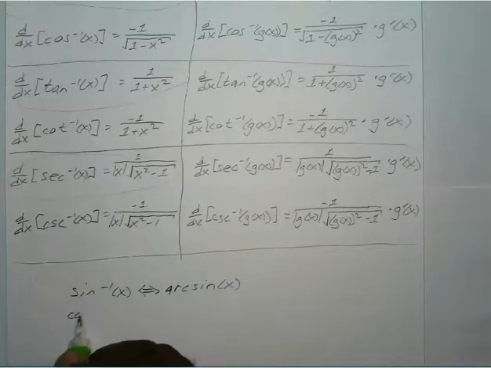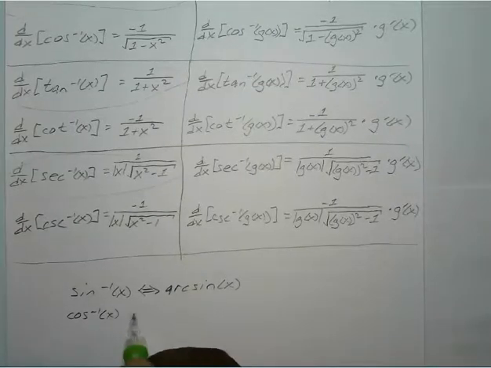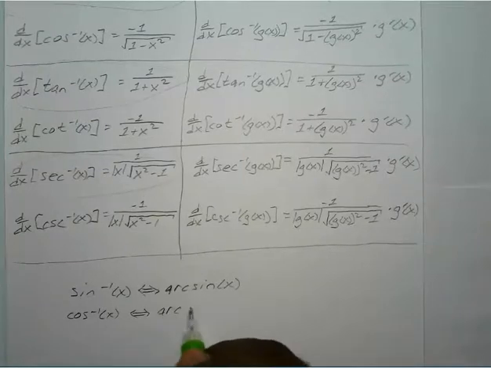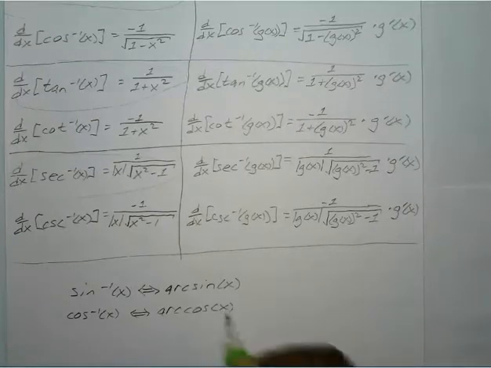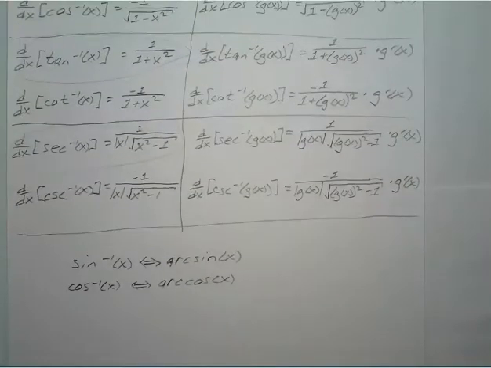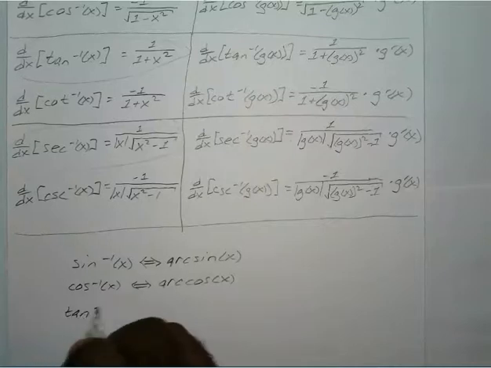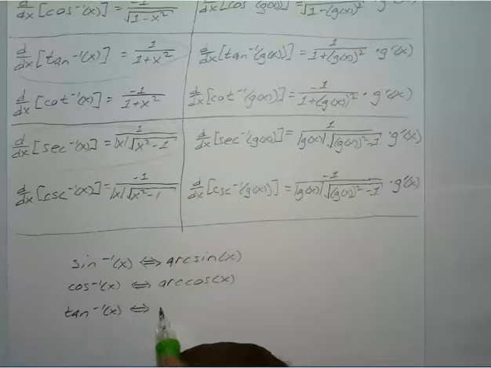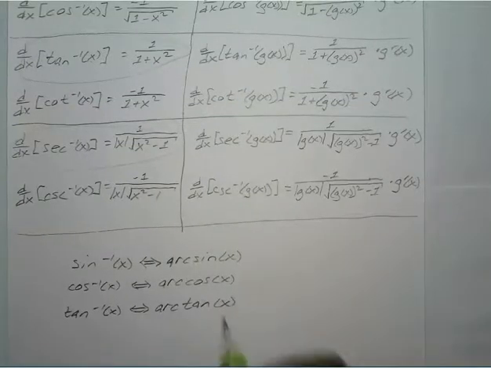You may see cosine inverse of x, or you may see it as arccosine of x. Same thing, different terminology. You may see tangent inverse of x, or you can see it as arctangent of x. Same thing, different terminology.